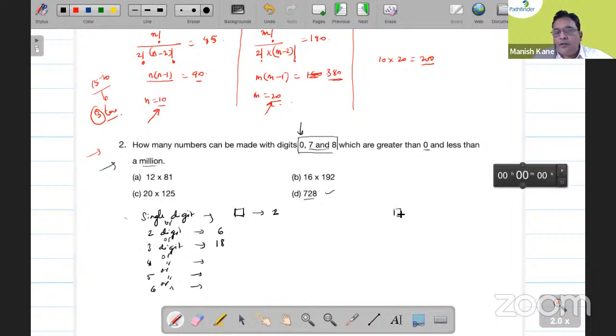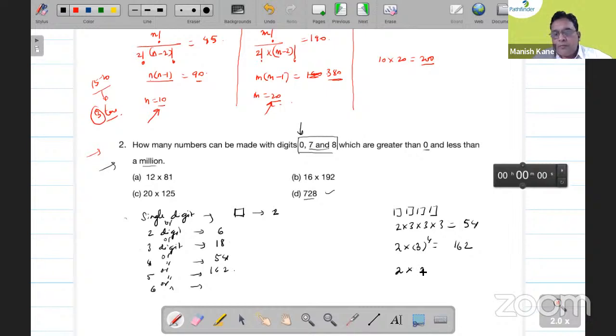How many 4-digit numbers? By the same logic, I'll have 2 into 3 into 3 into 3, 54 4-digit numbers. How many 5-digit numbers? 2 into 3 to the power 4, 162 5-digit numbers.